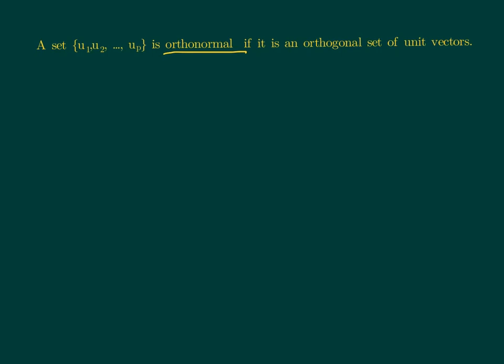So if we have a set of vectors and we know that they're orthogonal, and remember that means that u sub i times u sub j, or their inner product, is equal to 0 for each pair of vectors. And again, if each of them are unit vectors, then they are orthonormal.